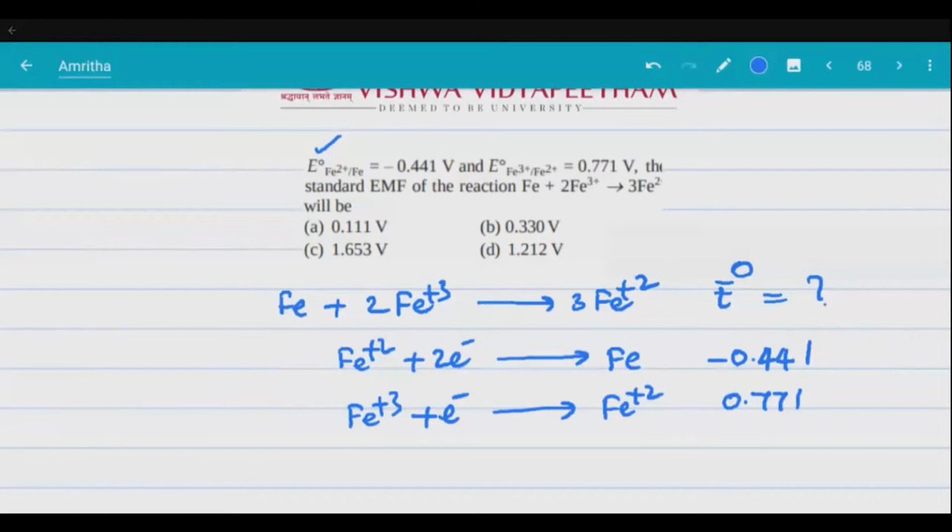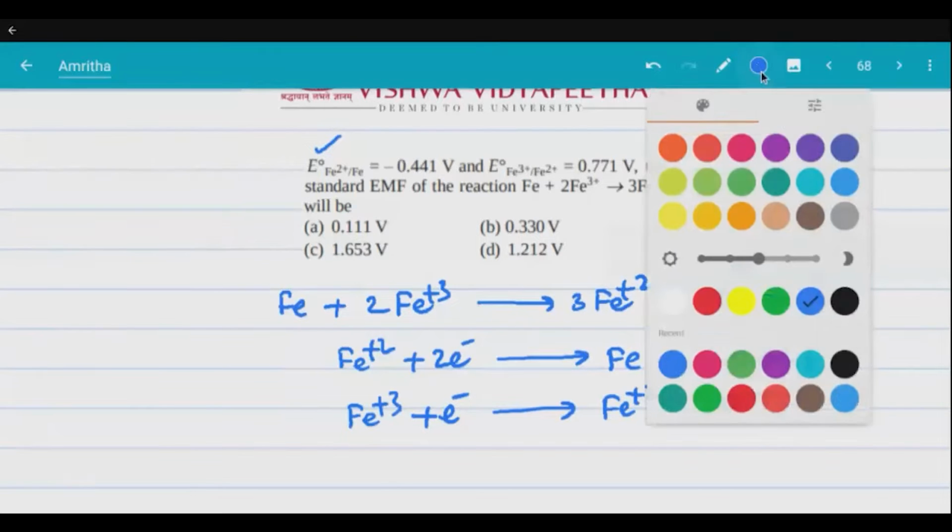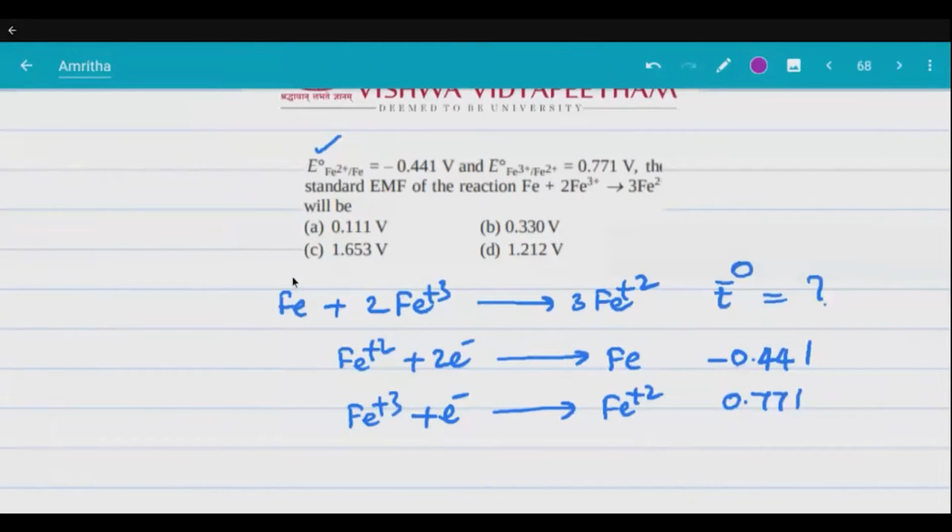For this reaction, first let us decide what is cathode and what is anode. That's very important, because two reactions are taking place here. 0 to plus 2 means oxidation takes place. These are very fundamentals.